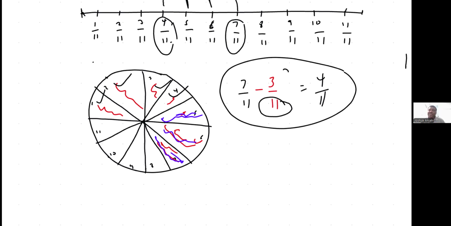But what if they are not the same denominators? If the denominators are not the same, what do you do? So let's say 1 out of 2 plus 1 out of 3.